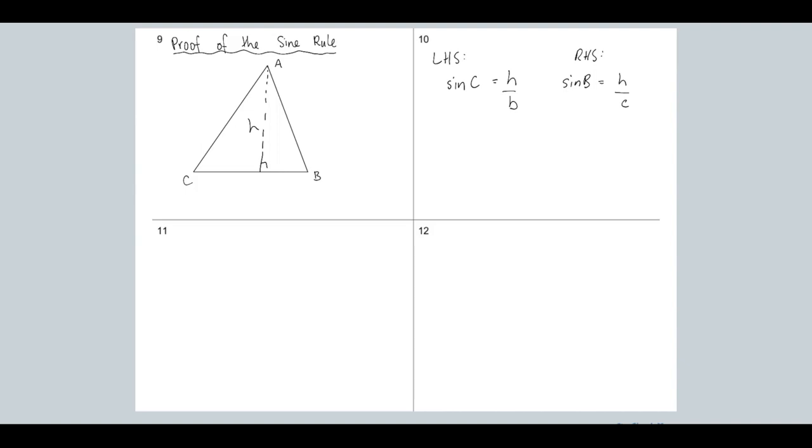So I've got A, B, and C. Now, if I rearrange both of these equations, I'll have h is equal to b sine C, and h is equal to c sine B, and we're nearly there.